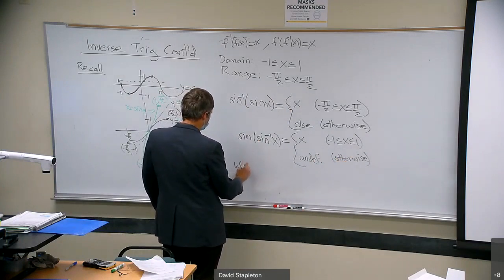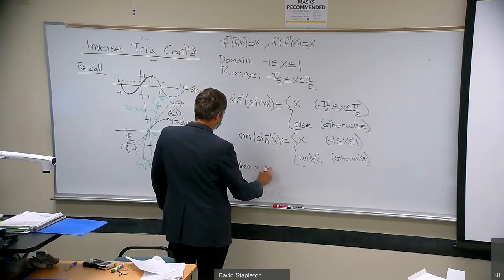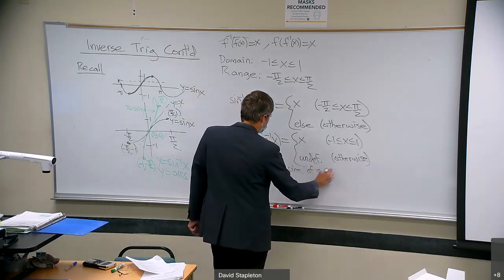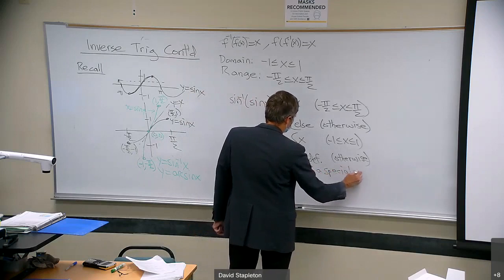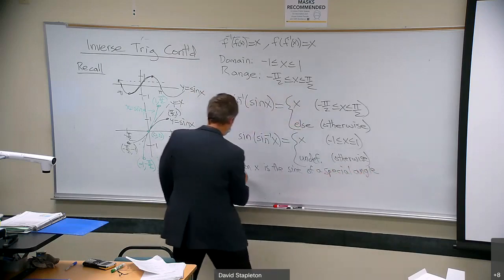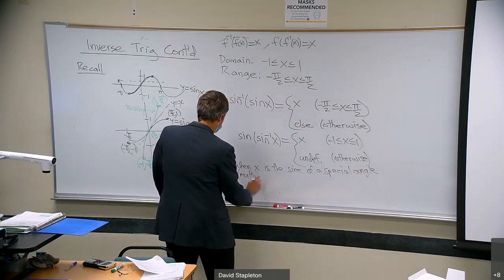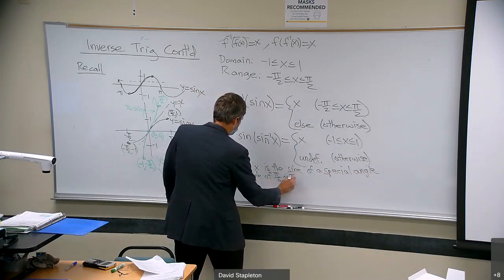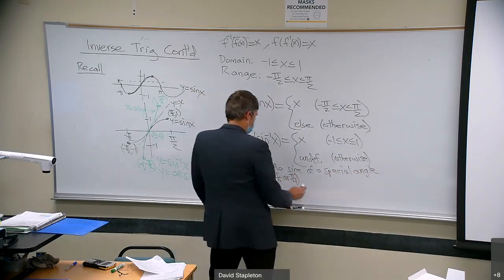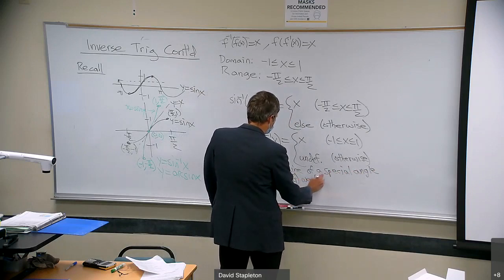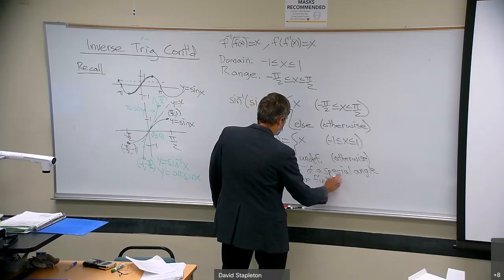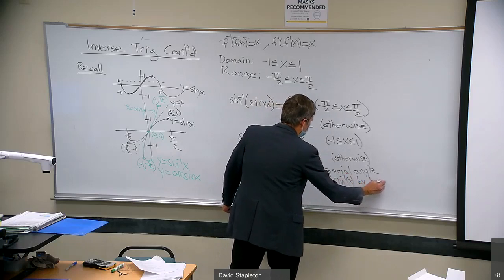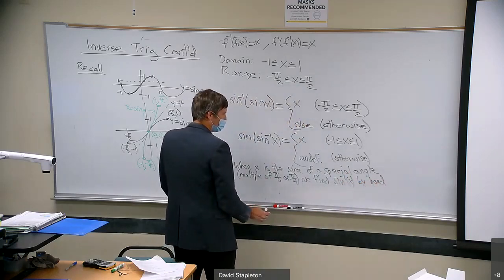So when x is the sine of a special angle, a multiple of pi over 6 or pi over 4, we can evaluate the arc sine of x by hand exactly. It is a nice special angle.